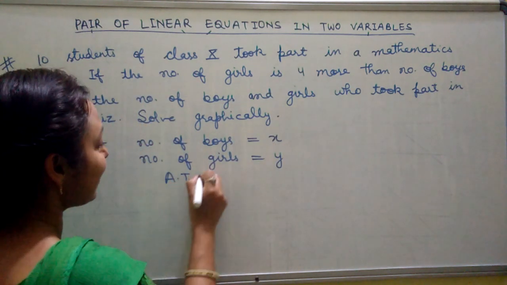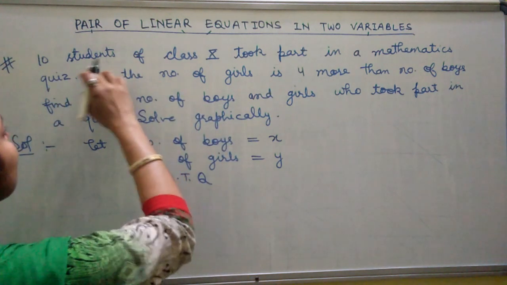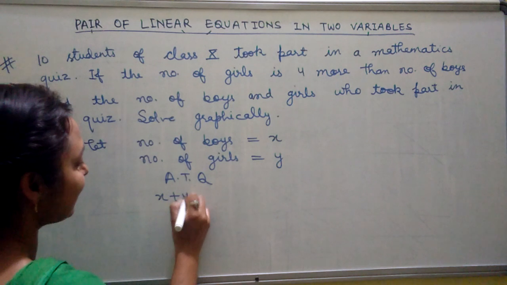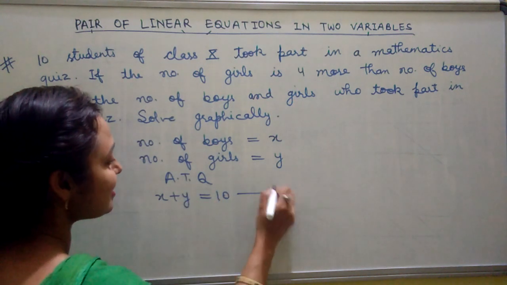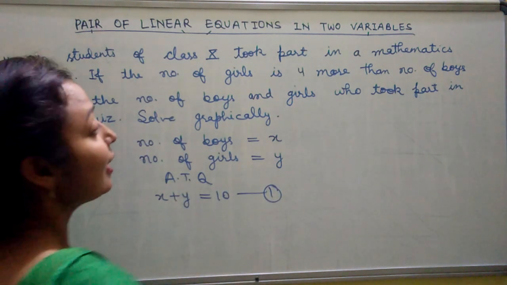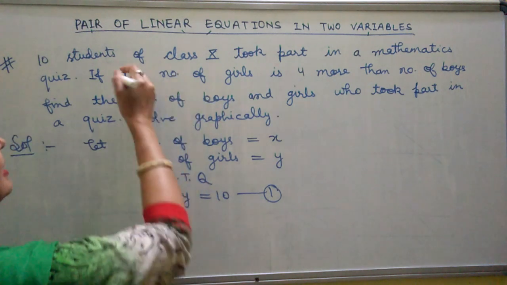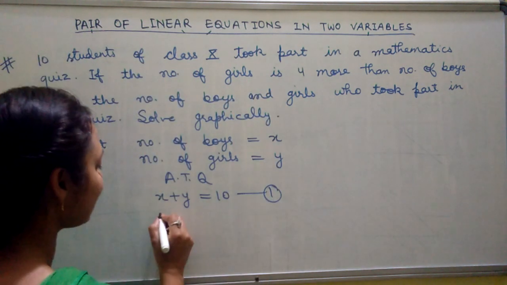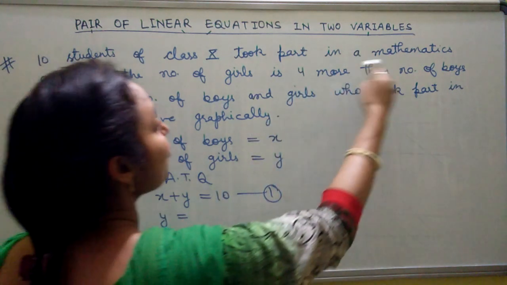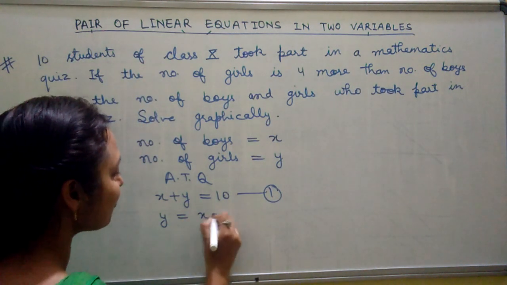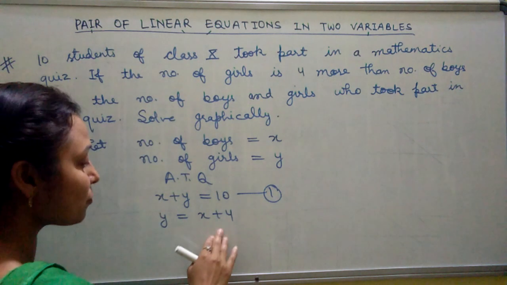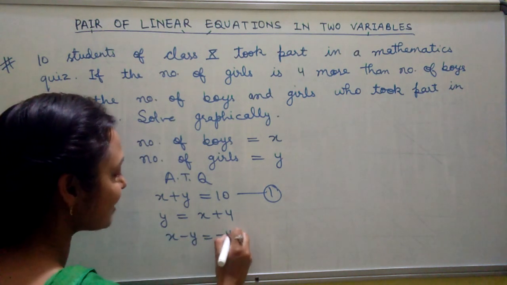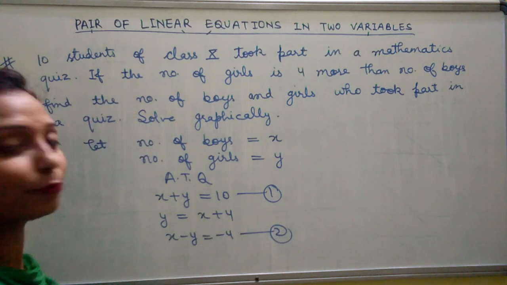According to the question, 10 students of class 10, that means x plus y equals 10. This is equation 1. The next statement is, the number of girls y is 4 more than the number of boys. That gives x minus y equals minus 4. This is equation number 2.